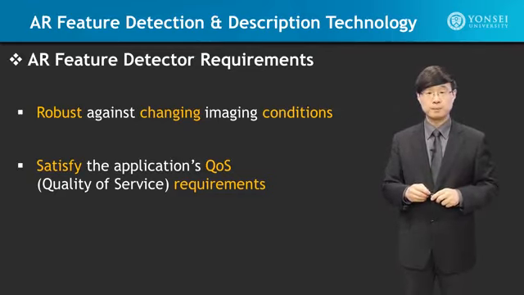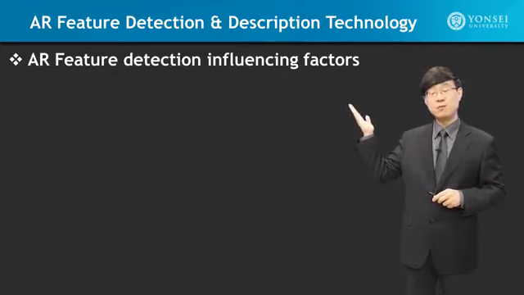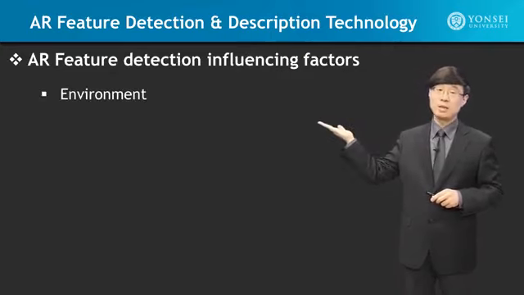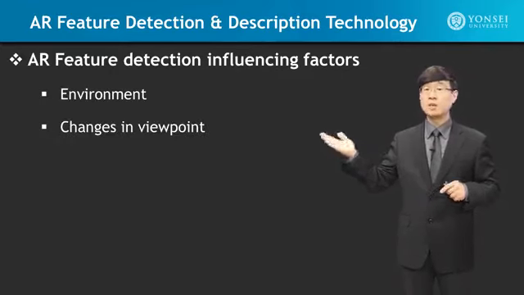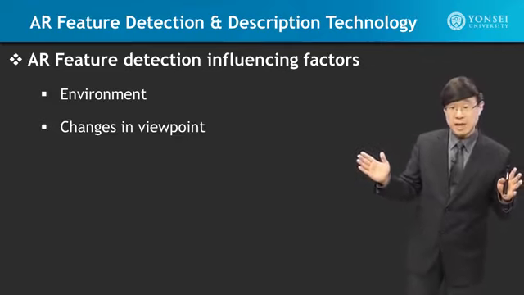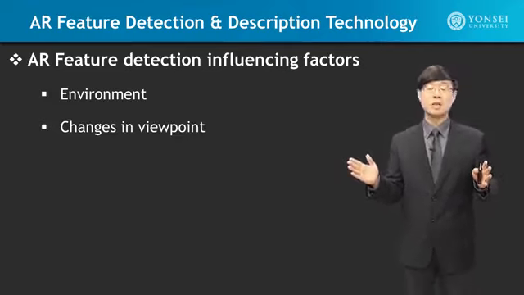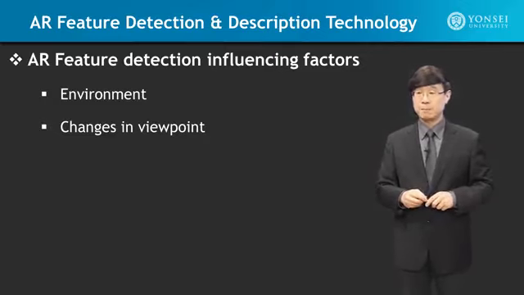As for AR feature detection influencing factors, they include the environment, of course, because the environment will consistently change. Changes in viewpoint, even in the same environment, based on what angle I'm looking at you, will give me a different view of the overall object I'm looking at.